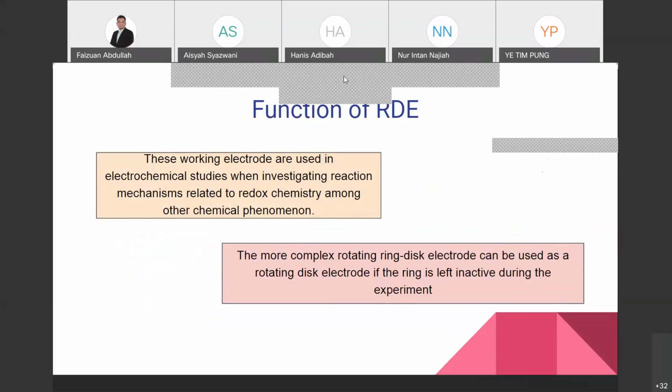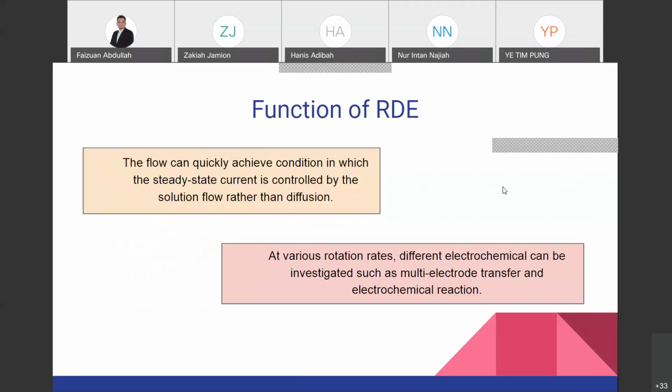The function of RDE: the working electrode is used in electrochemical studies in investigating the mechanisms related to electrochemistry, among other chemical phenomena. The more complex rotating ring disk electrode can be used as a rotating disk electrode if the ring is less reactive during the experiment. The flow can quickly exceed the condition in which the steady state current is controlled by the solution flow rather than diffusion.